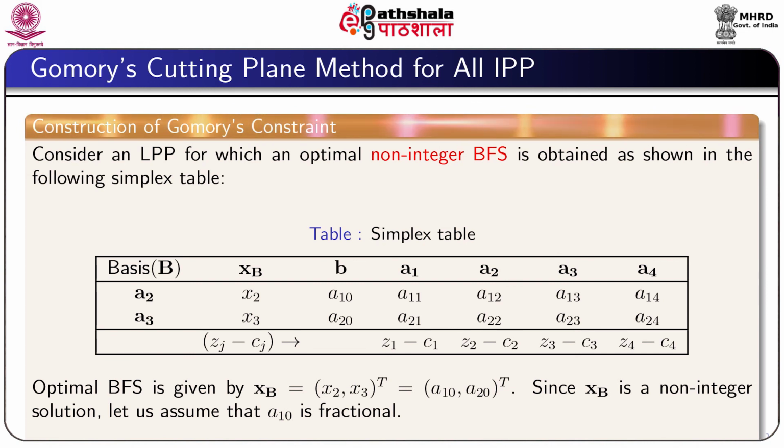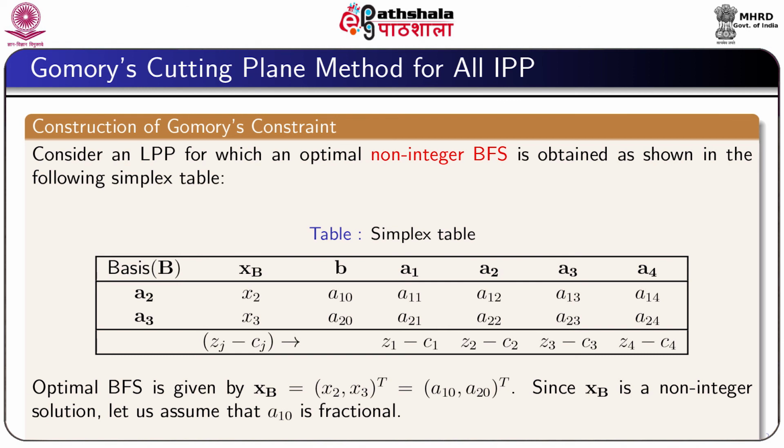Now, we would like to define how a Gomori's constraint can be constructed. Consider an LPP for which an optimal non-integer basic feasible solution has been obtained as shown in the following simplex table.